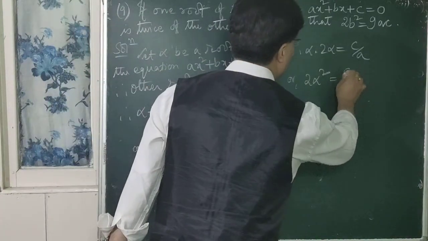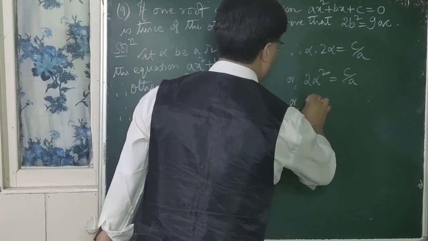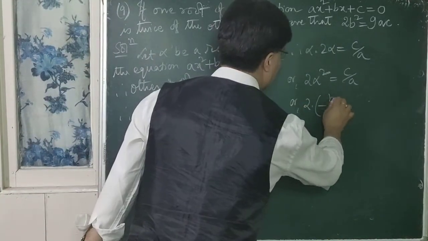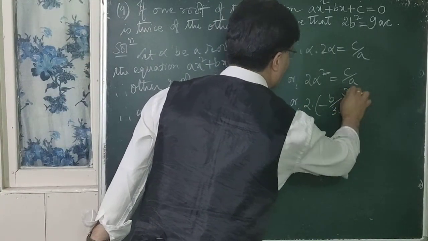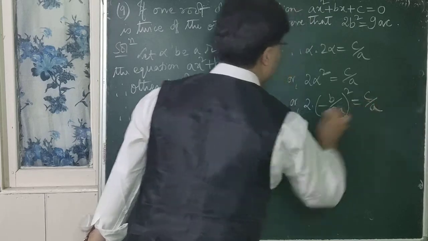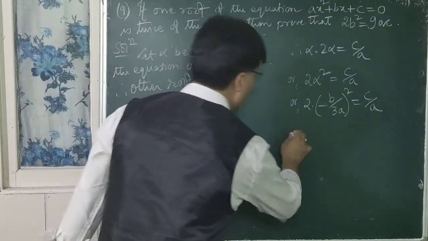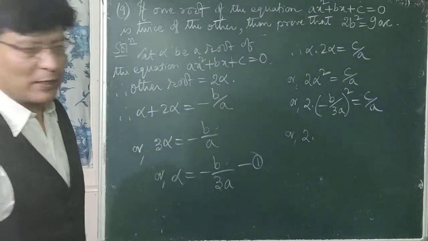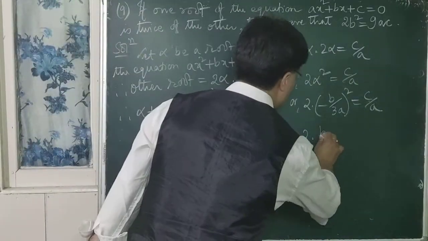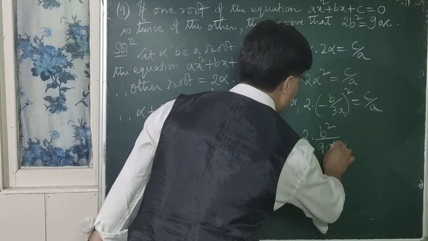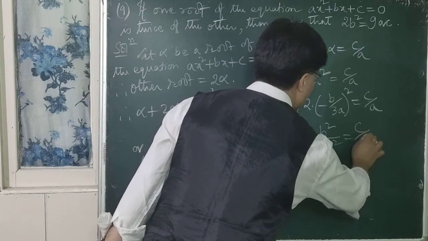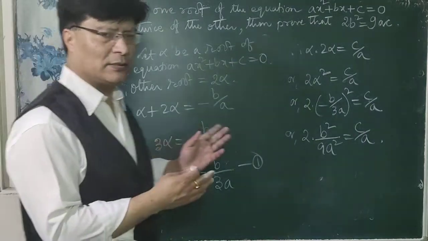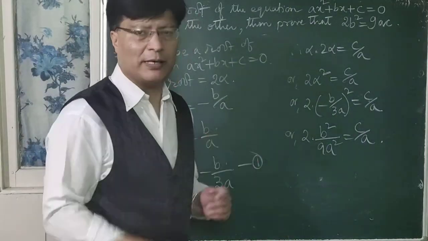is equal to C upon A, or 2 into what is alpha? What is the value of alpha? Minus B by 3A whole square is equal to C upon A, or 2 into what is minus whole square? It is plus, right? So B square divided by 9A square is equal to C upon A. That is LHS is equal to RHS.